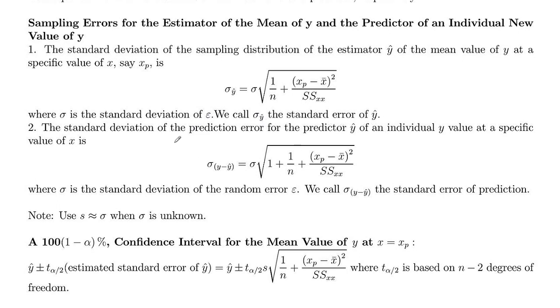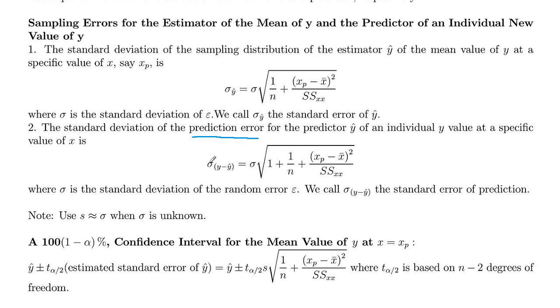And then the standard deviation of the prediction error, so this is standard deviation of the sampling distribution for the estimator y hat, and this is standard deviation of the prediction error. And we're doing that for the predictor y hat of an individual value y at a specific value x, which we would call xp, like we did up here.